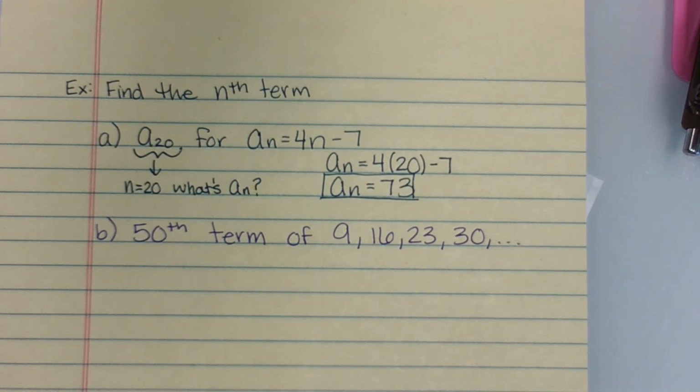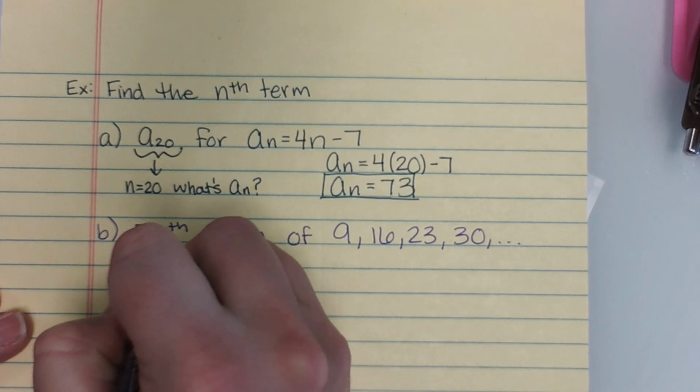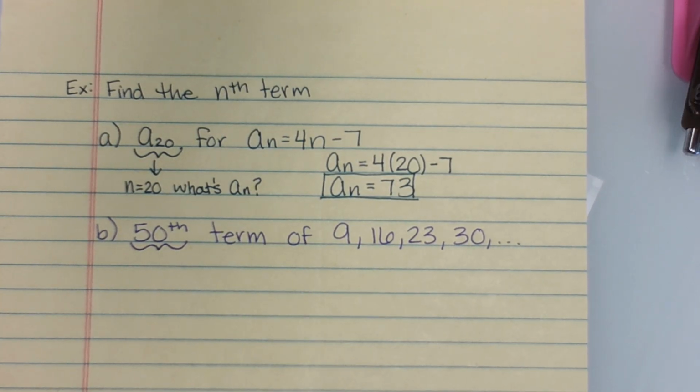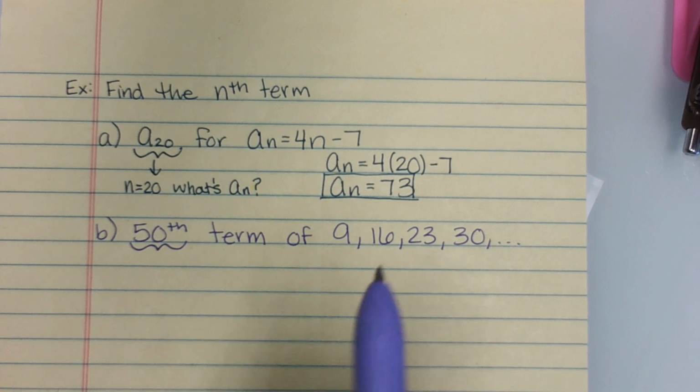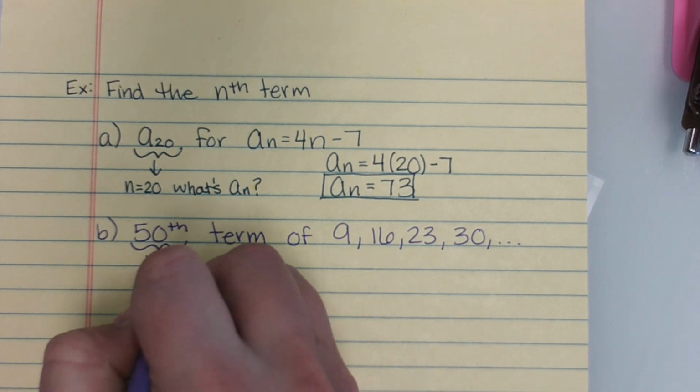Sometimes they won't give you the equation to work with. In fact, that's going to be a little more often than not. They're just going to give you some information. I'm looking for the 50th term. If I'm looking for the 50th term, what variable are they telling me right there? N equals 50.